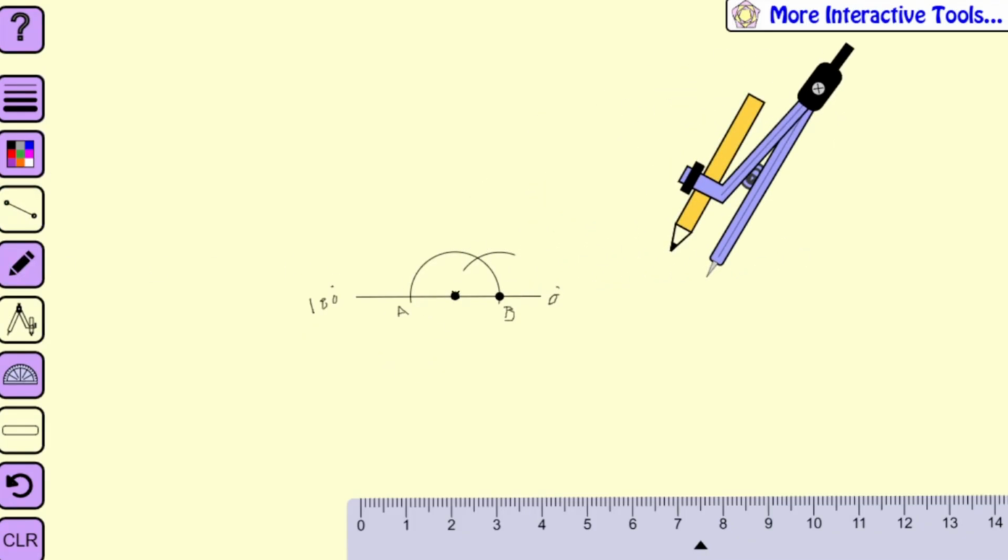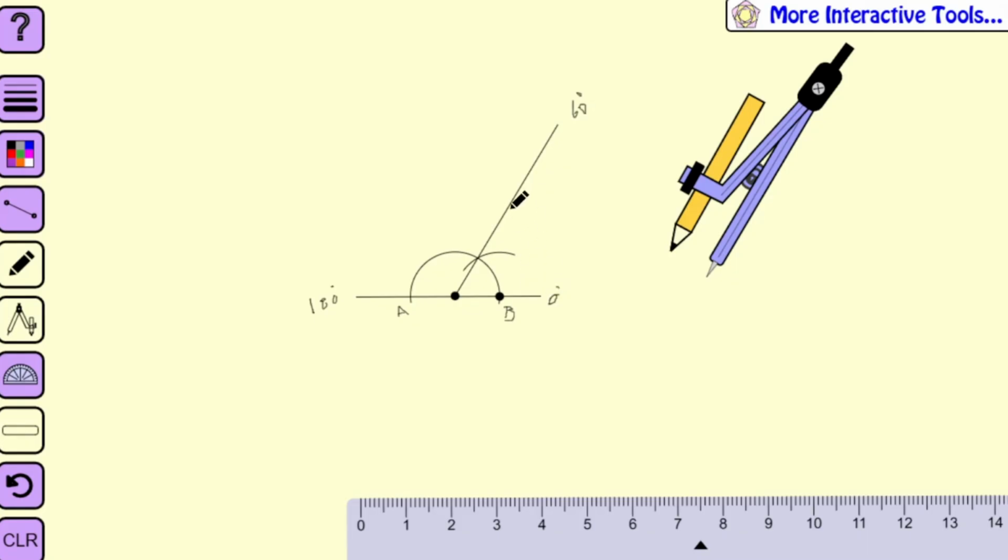Wherever it cuts the semicircle, we draw a line from the vertex through the intersection, all right? And this is always going to be 60 degrees. Ensure you're practicing. Don't just watch the video and think that you'll get it.